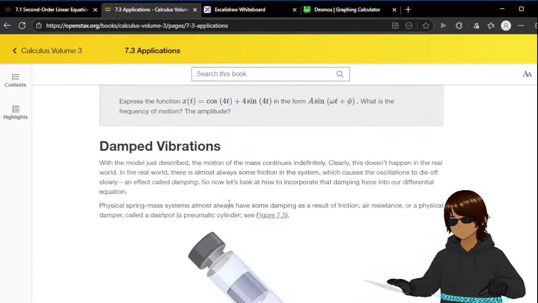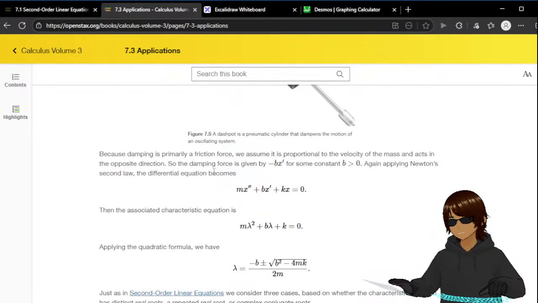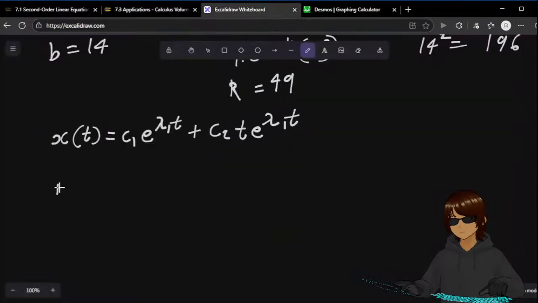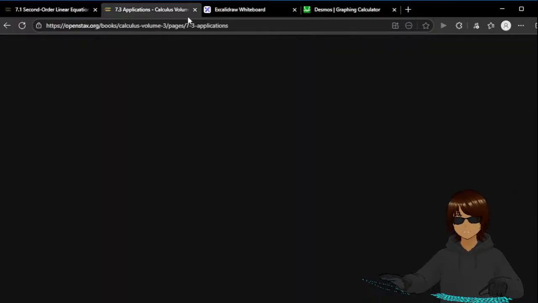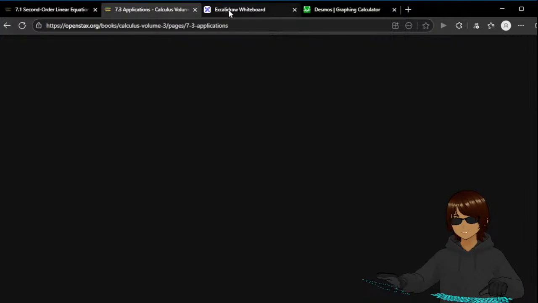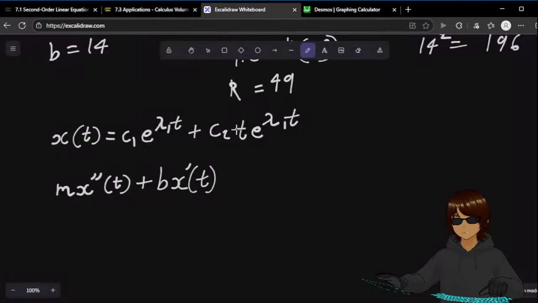Okay, so the differential equation becomes mx'' plus bx' plus kx. K we know, m we know, b we know.